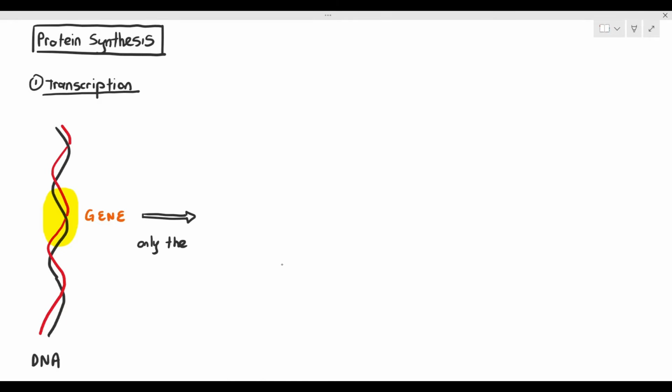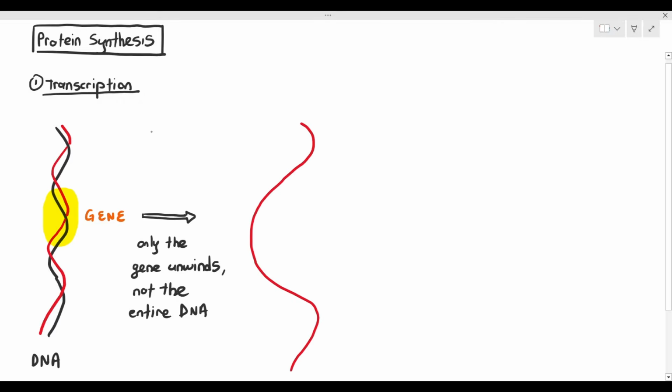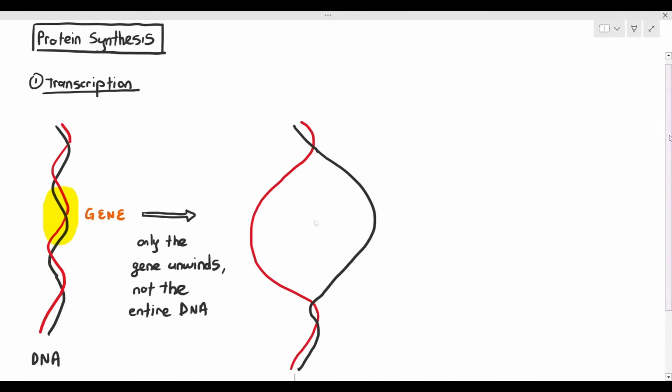So without wasting any time, when transcription happens, only the section of the gene unwinds, unlike DNA replication, where the entire DNA has to unwind, right? But in transcription, only that particular section where I've highlighted has to unwind, and the bases are then exposed.